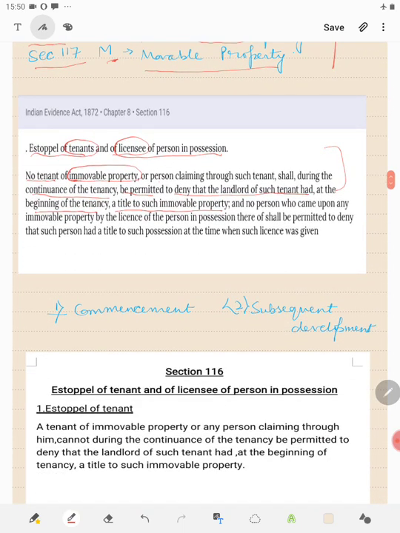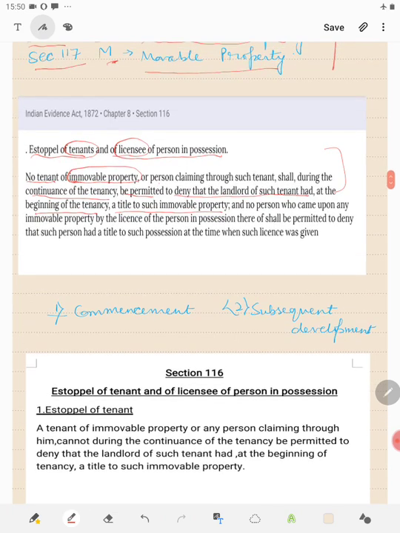So what it says is estoppel with regard to tenant. So if there is a tenant in an immovable property, then during the continuance of tenancy, so these are the two things. First, he should be a tenant, and there should be continuance of tenancy.